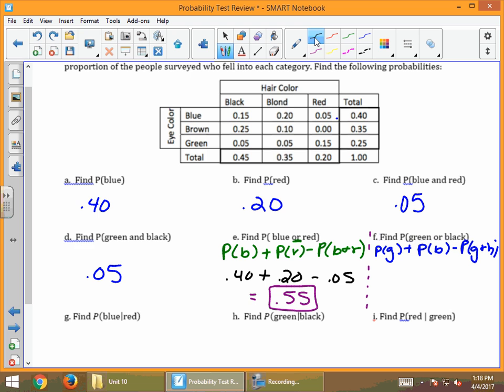Green, go to total. 0.25. Plus, what's the probability of just having black hair? 0.45. To the left, go to total. And then what's the probability of both having green eyes and black hair? 0.05. I already found it right there. And then plug in your calculator. 0.25 plus 0.45 minus 0.05.